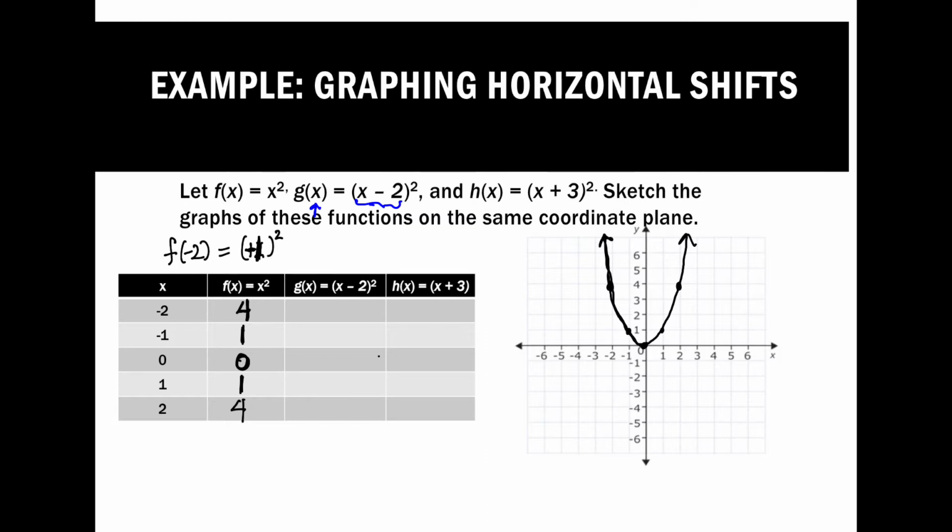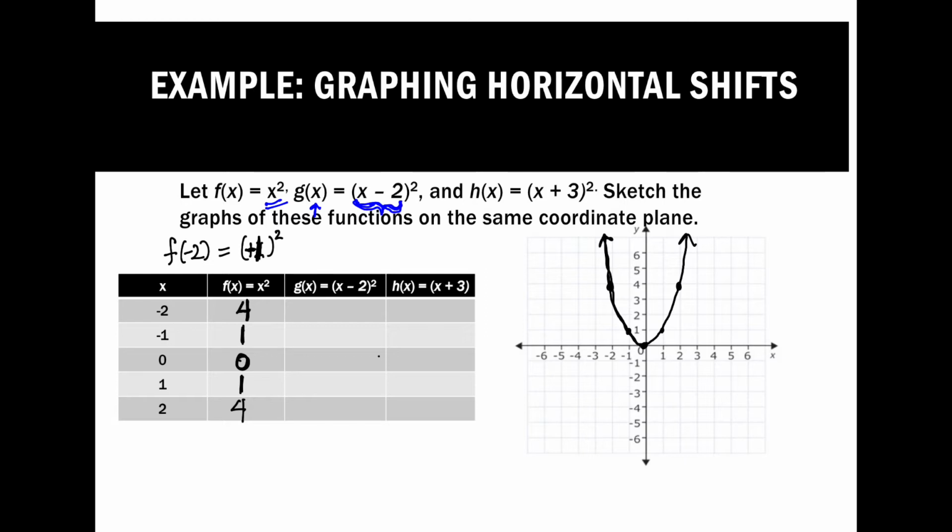So really the action is happening not to the y, the result, the x squared. That's the real thing. When we square it, that's when it really takes on the qualities of the parabola. But instead, we're not subtracting from that, the y, we're really subtracting from the input before it's squared.